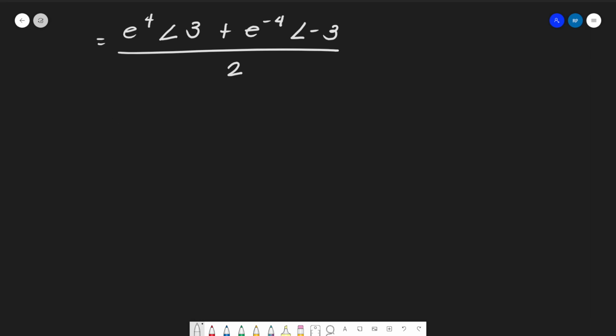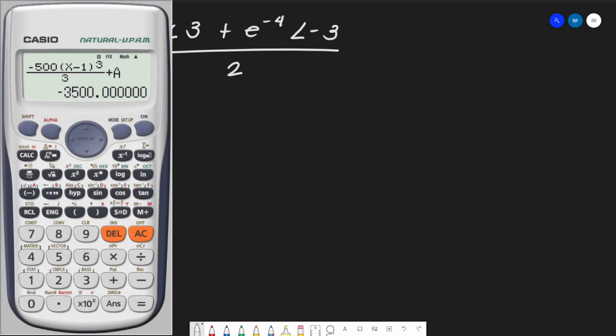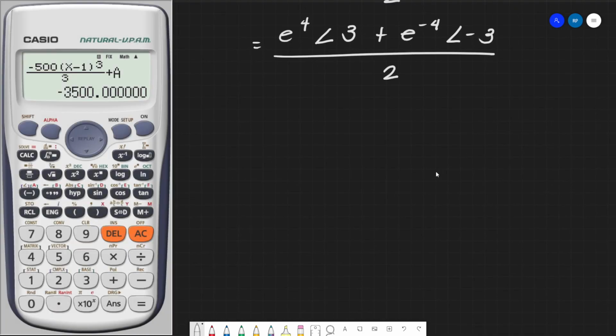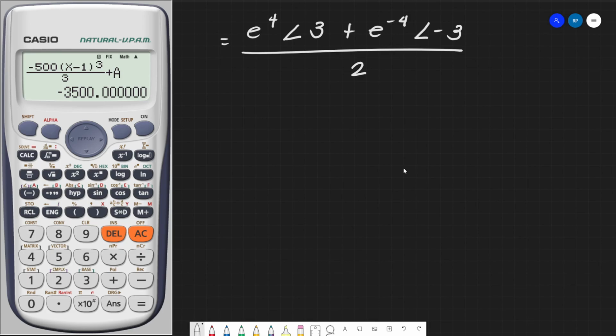So, syempre gagamit tayo ng calcu. Ayan, usog ko lang ng kaunti. So, let us first put our calcu into complex mode. Of course, make sure na naka-read yan yung complex mode. That is mode 2, complex mode. So, we have e raised to 4 angle 3.